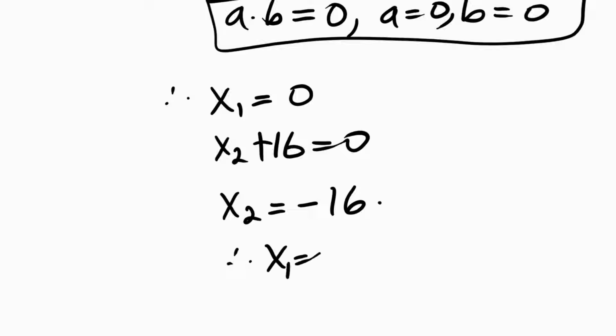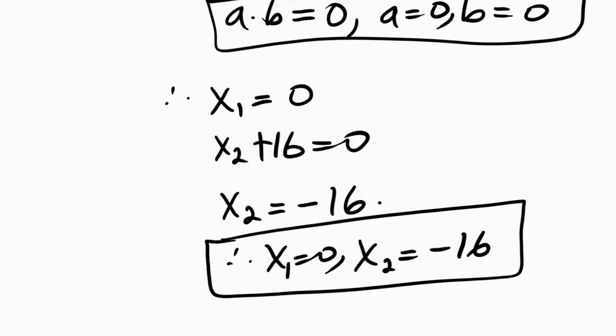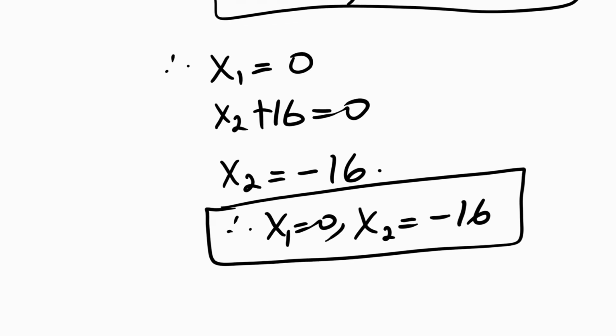So x1 is 0, x2 equals −16, just like we got for the first and second methods. These are the answers to the question. x1 is 0 and x2 is equal to −16.